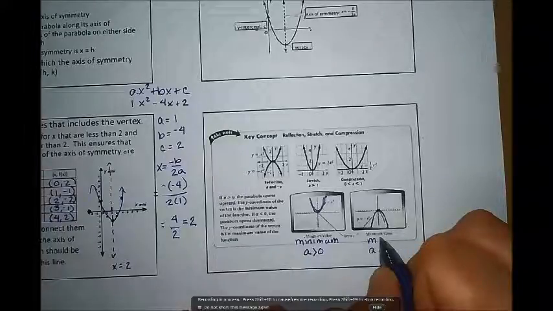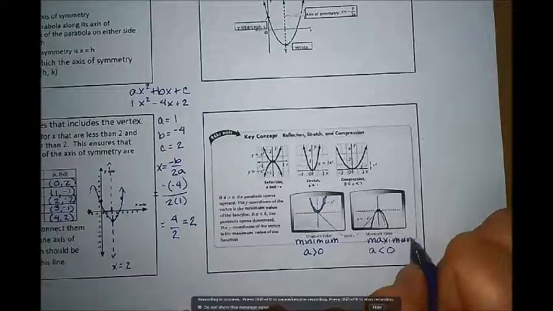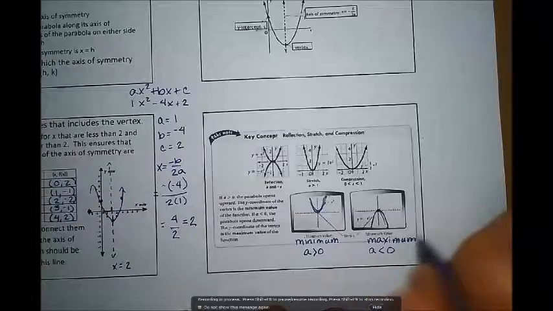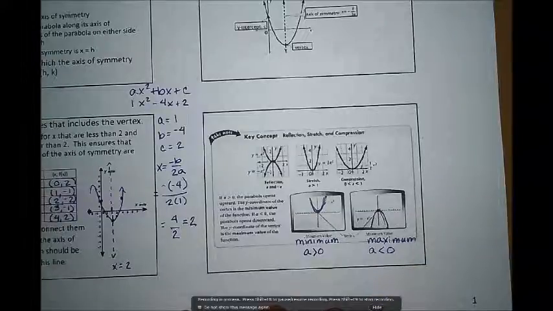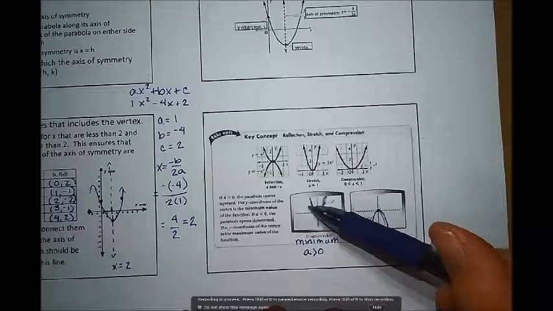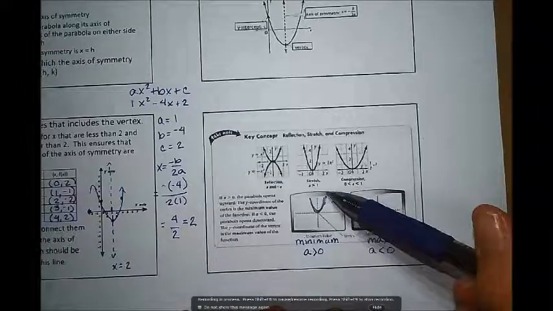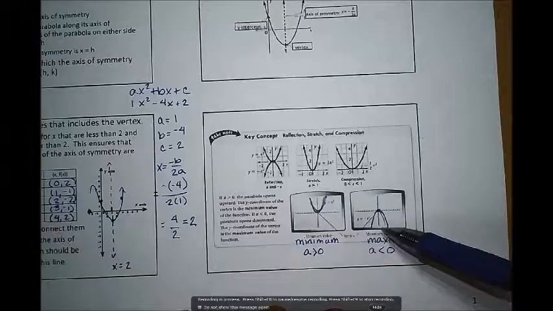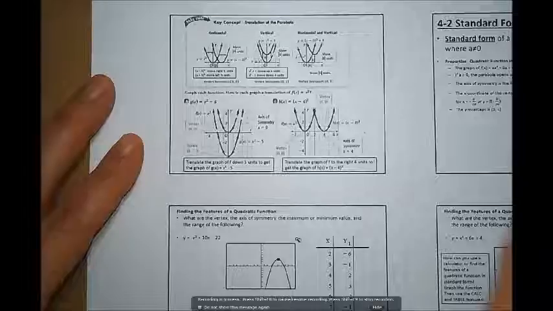It's going to be kind of important to remember if minimums or maximums go with positives or negatives. So, positive opens upward and has a minimum. Maximums happen when we're opening down because we're negative.